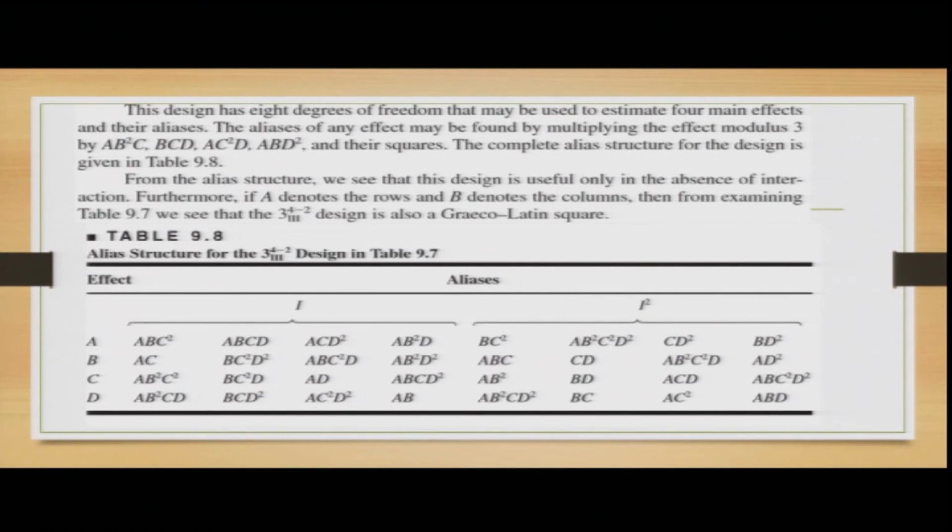From the LI structure, we can see that the design is useful only in the absence of interactions. So, whether interactions are there or not will also have an effect. Furthermore, if A denotes the row and B denotes the column, then examining this table, we see that we basically have the 3 to the power 4 minus 2 design, a third fraction, and they would be of the Greco-Latin square.